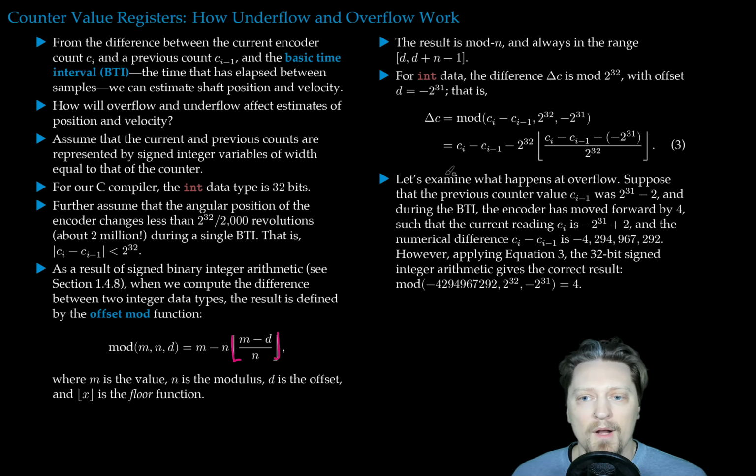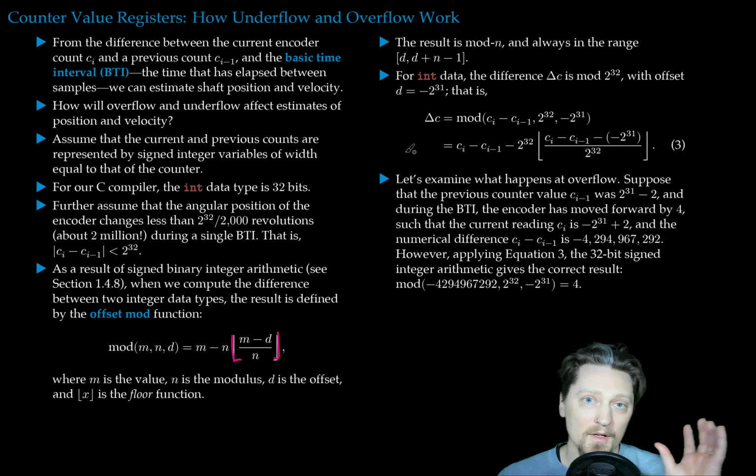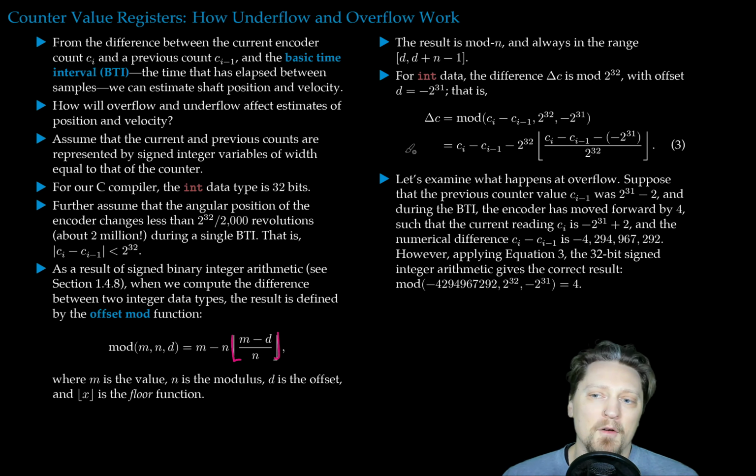Let's examine what happens at overflow. Suppose that the previous counter value, ci minus 1, was 2 to the 32 minus 2. So we're not quite to overflow, but we're going to overflow very quickly if we keep adding numbers. And during the BTI, basic time increment, the encoder has moved forward by 4.